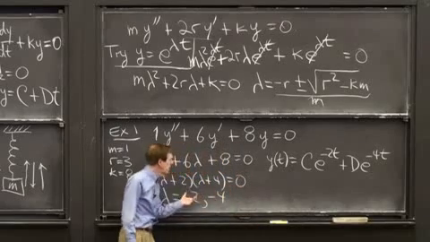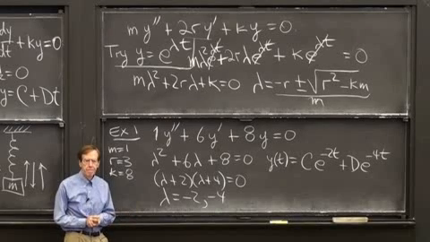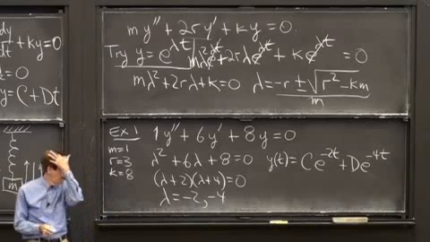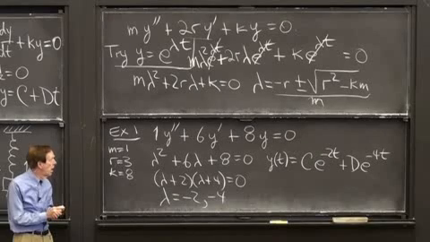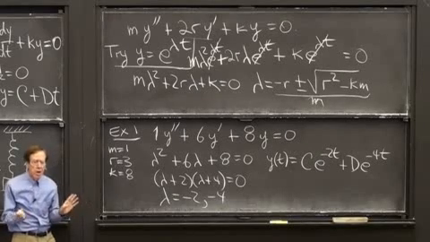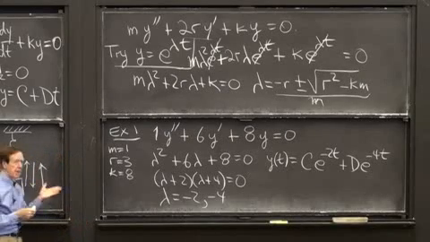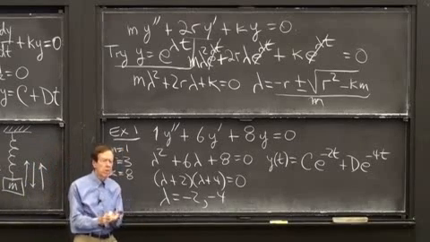The two lambdas are in the exponent, and we've solved it. So that's the point. We have the ability to solve differential equations based on the three most important functions we know: exponentials, sines, cosines, powers of t.